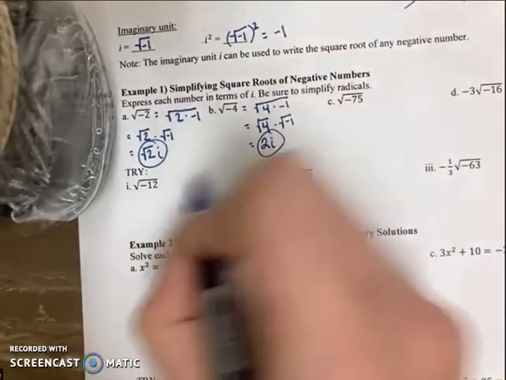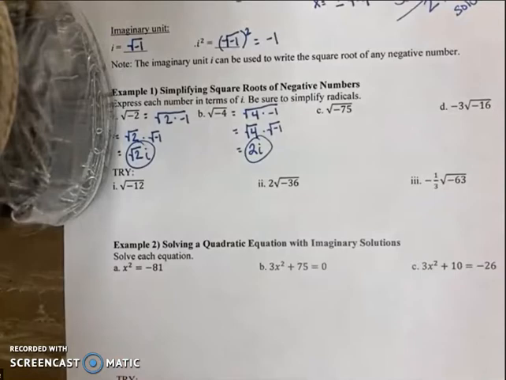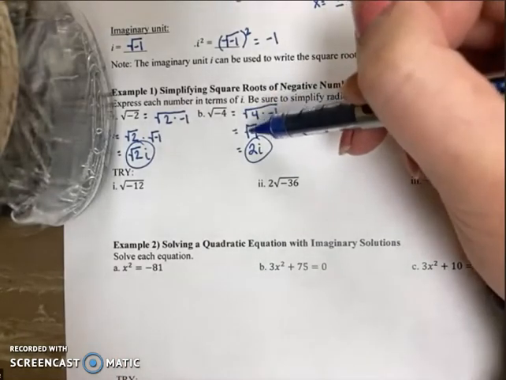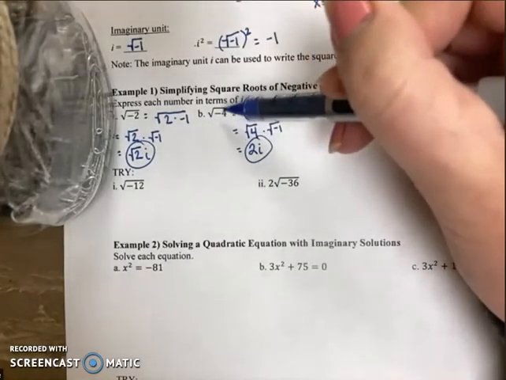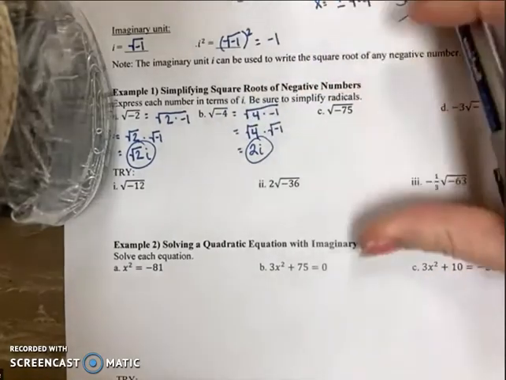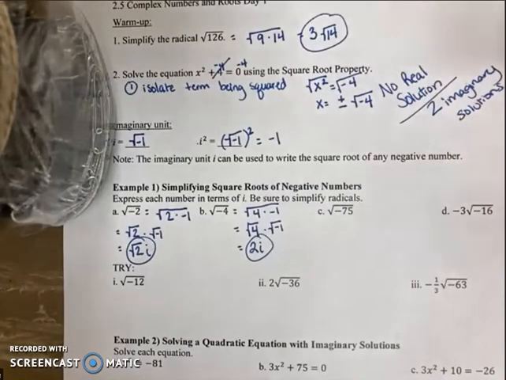Notice how with none of these, I'm not putting a plus or minus, and here's the reason why. I am not taking the square root of anything. I already have a square root and I'm just simplifying it. It is only when you physically take the square root of each side that you must include the plus or minus.